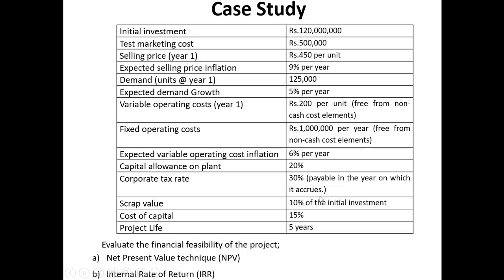The scrap value is 10% of the initial investment, the cost of capital is given as 15%, and the project life is 5 years. You've been asked to evaluate the financial feasibility of the project using the net present value and internal rate of return. Now let's try to work out this particular case.